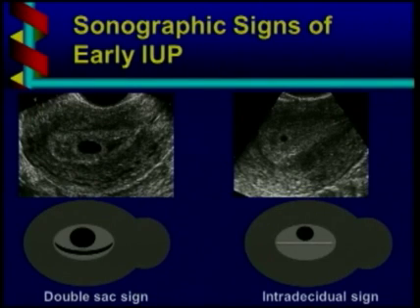So here, for example, you see a double sac sign shown on the left. There's a fluid collection, a rim of decidua, another rim of decidua. This is an intradecidual sign where you see the gestational sac and the thin, collapsed uterine cavity. When they're there, fine, it's a pregnancy, but when they're not there, it still is likely to be a pregnancy.